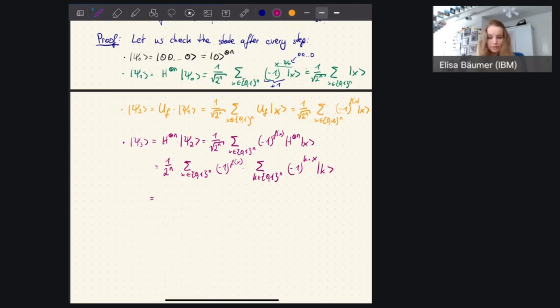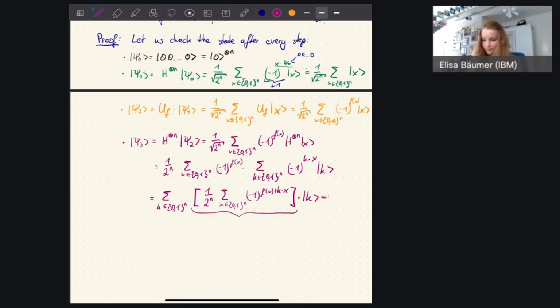And we can now just change the order of the sums a bit. So we get the sum over all k to the front. And here we have 1 over 2 to the power n, sum over all x, then -1 to the power f of x plus k times x, just putting the two phases together, times ket k.